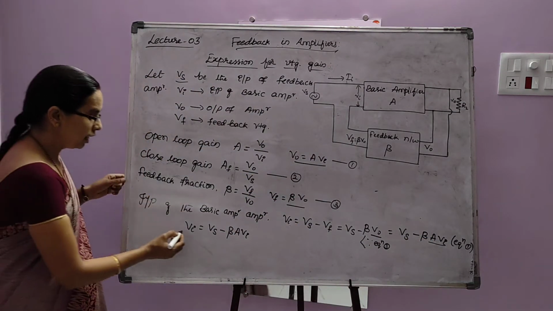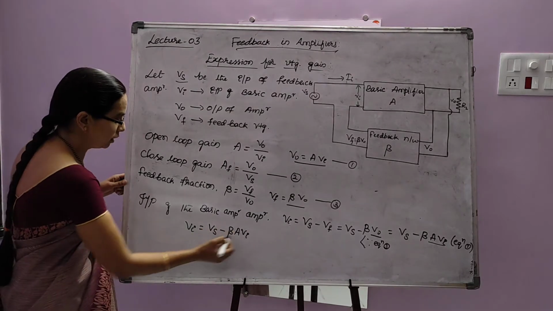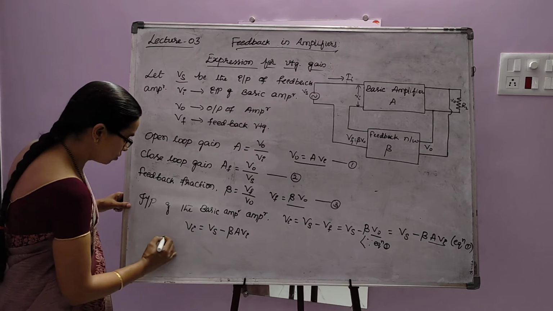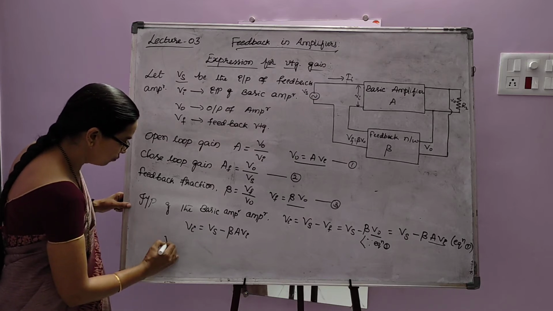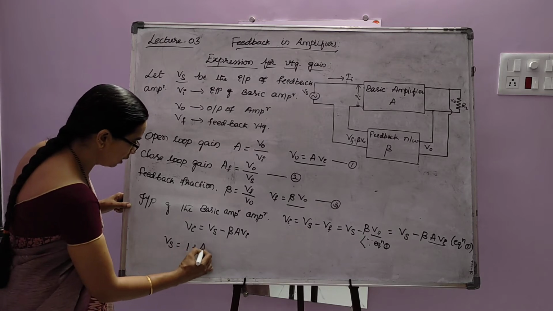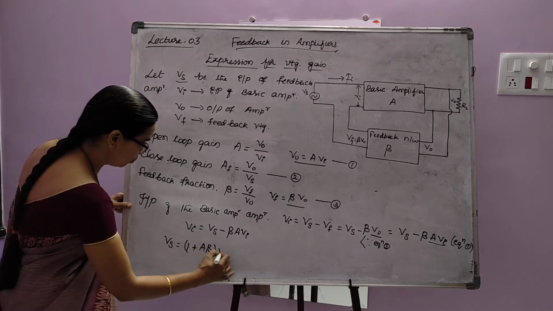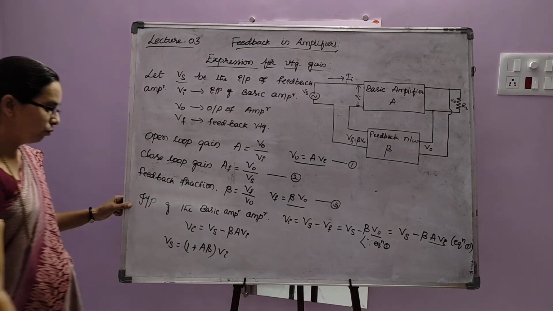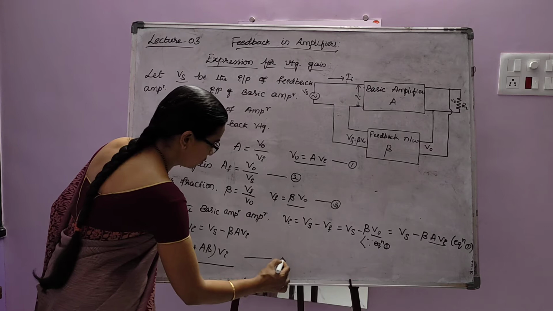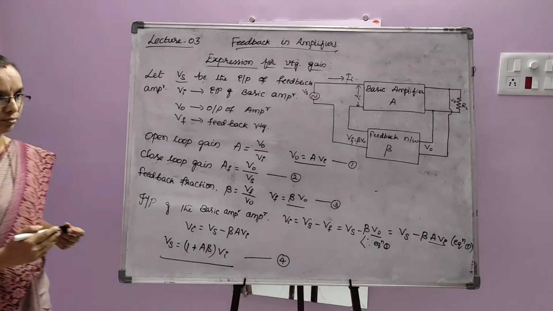So Vi is equal to Vs minus beta A into Vi. So this can also be written as Vs is equal to 1 plus A beta into Vi. Call this equation number 4.